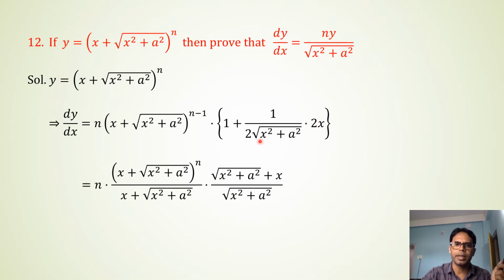So after taking LCM here, x square plus a square multiplied with this x square plus a square, then plus here x is remaining, and you see here that this numerator x plus root over x square plus a square, and here x plus root over x square plus a square, these two terms will get cancelled. So what are the terms remaining? As well, in this term x plus root over x square plus a square whole to the power n, this term can be replaced by y. So we write here y only, this term is cancelled, so it is ny divided by root over x square plus a square.